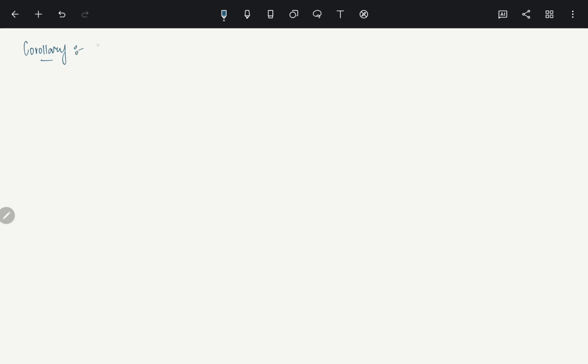So let a of t be continuous and w periodic in R. Clear?